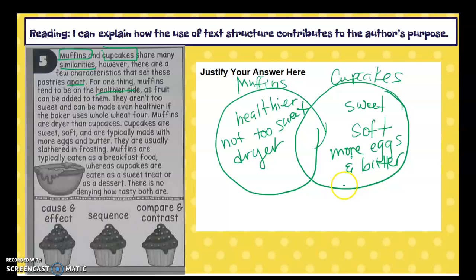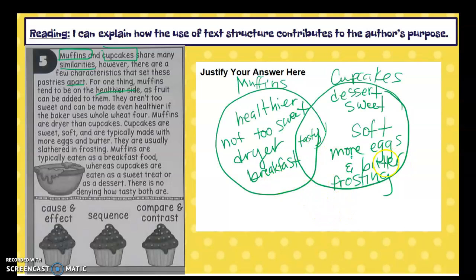They are usually slathered in frosting. Muffins are typically eaten as a breakfast food, so this is more breakfast. Cupcakes are eaten as a sweet treat or dessert. There is no denying how tasty both are, so tasty, that's their similarity.